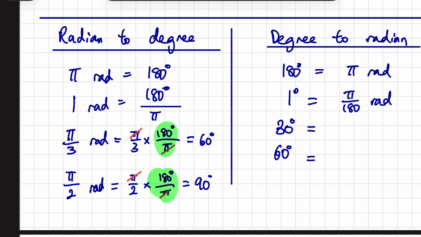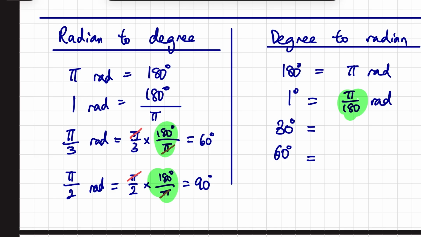Very similar to radian to degree, if we want to convert degree to radian, we do the same thing, but our factor is no longer 180 divided by pi, but instead it is pi divided by 180. If 180 degrees is equal to pi radian, and I divide both sides by 180, then 1 degree is pi over 180 radians.